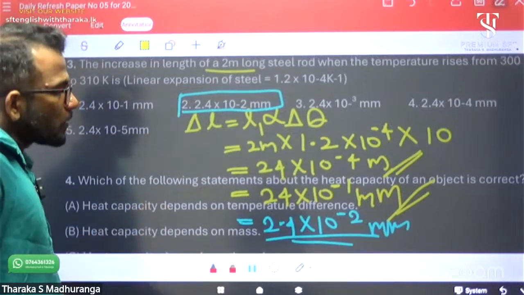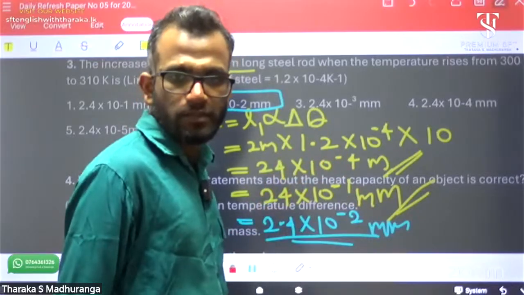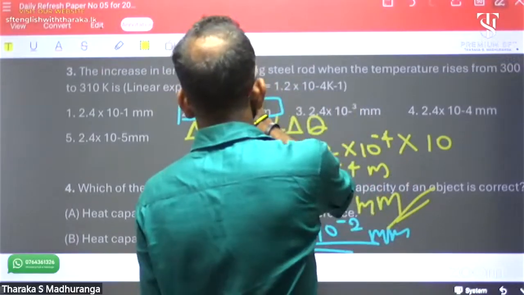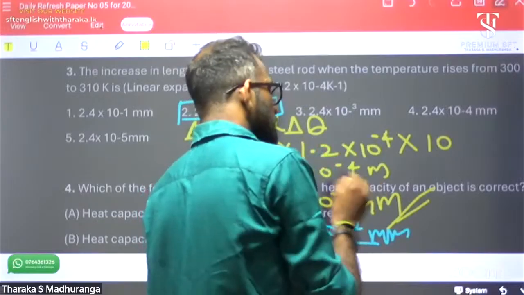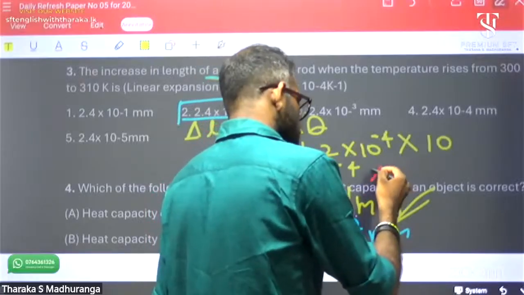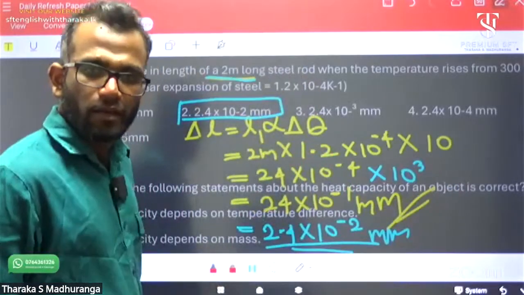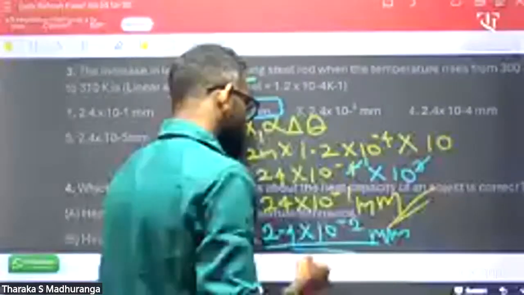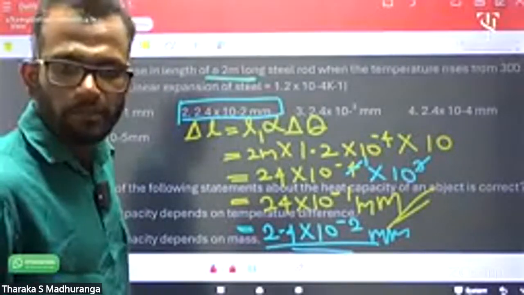Okay, now 2.4 into 10 to the power minus 4 is the answer, in meters, because the initial length was given in meters. Therefore the answer also comes in meters. Now, if you want to convert into millimeters, you multiply this value by 1000, which means 10 to the power 3. Then the powers cancel, leaving 24 into 10 to the power minus 1 millimeters.